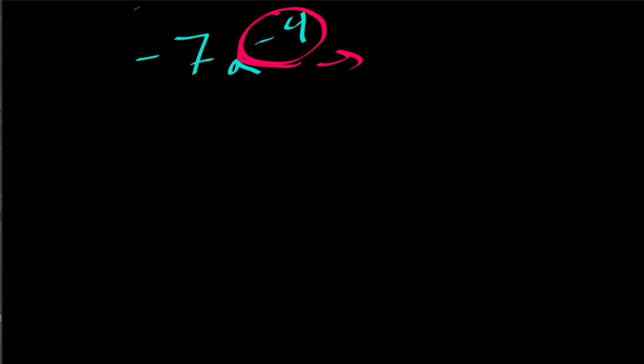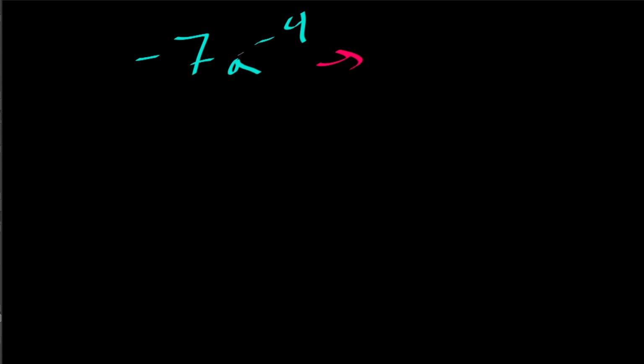So let's say I have negative 7a to the negative 4. All right, now if I want to rewrite this as an answer containing only positive exponents, here's the big trick. If I'm going to move this negative 4, I need to find the base of negative 4.